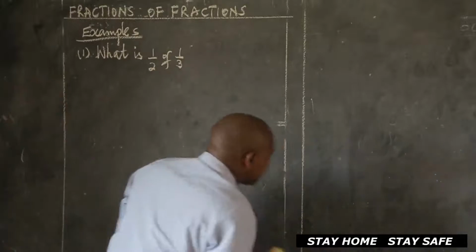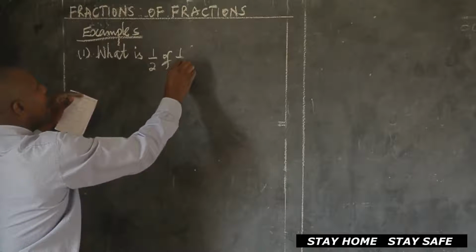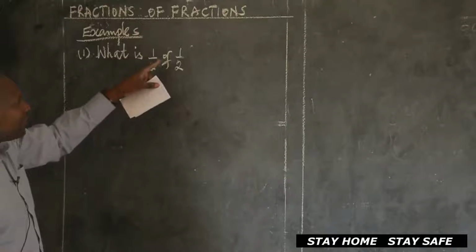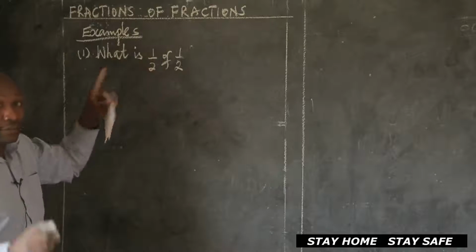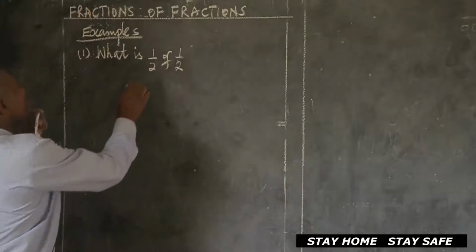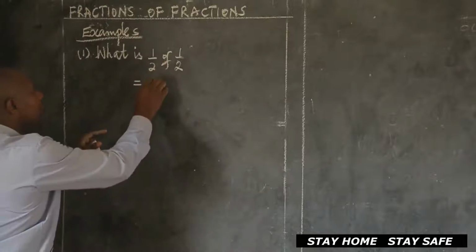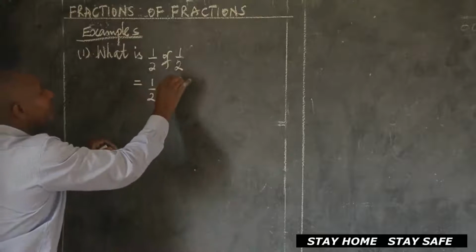Let me make it simpler than the way it should be. What is a half of a half? I remember telling you the meaning of the word "of" is multiplication. So please follow what I'm going to do here. Let's first interpret this "of". It will be a half times a half.